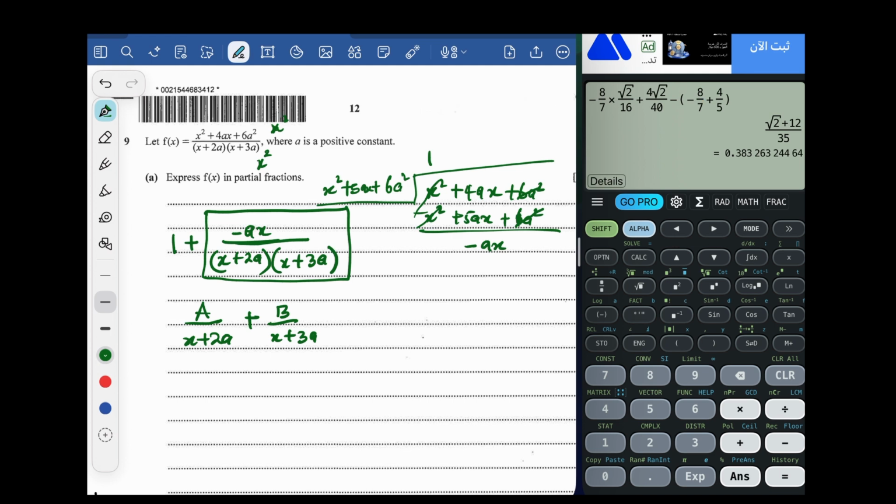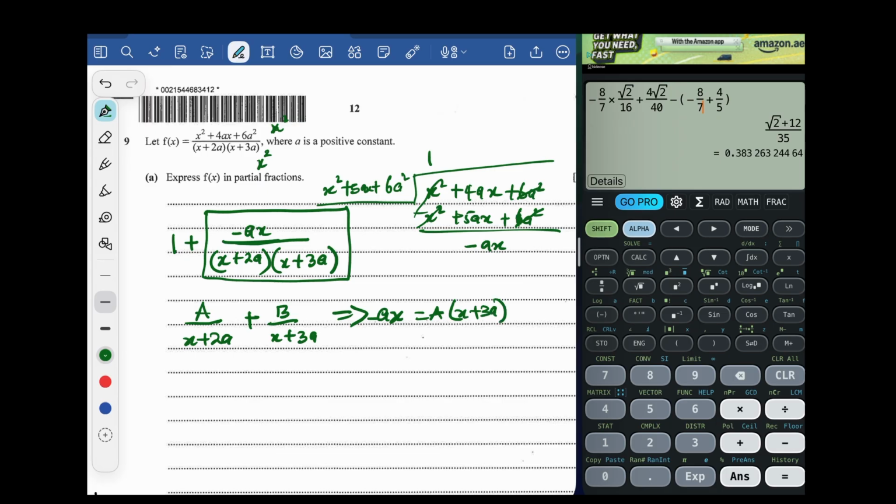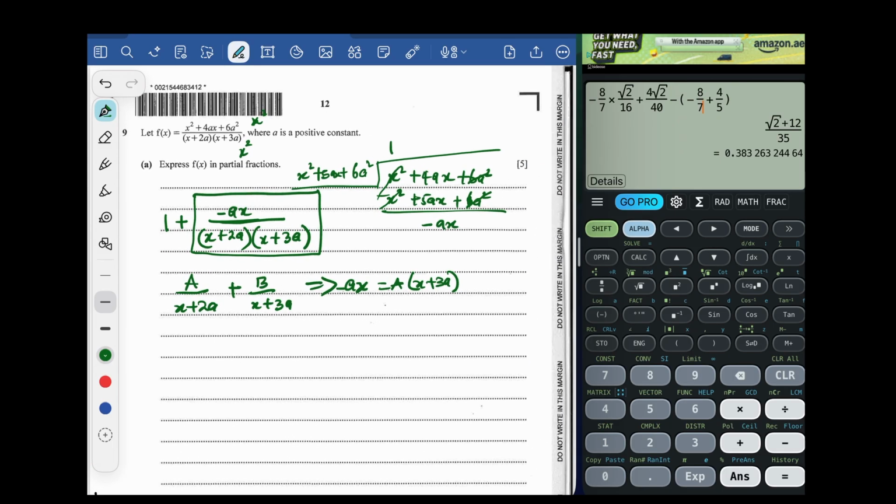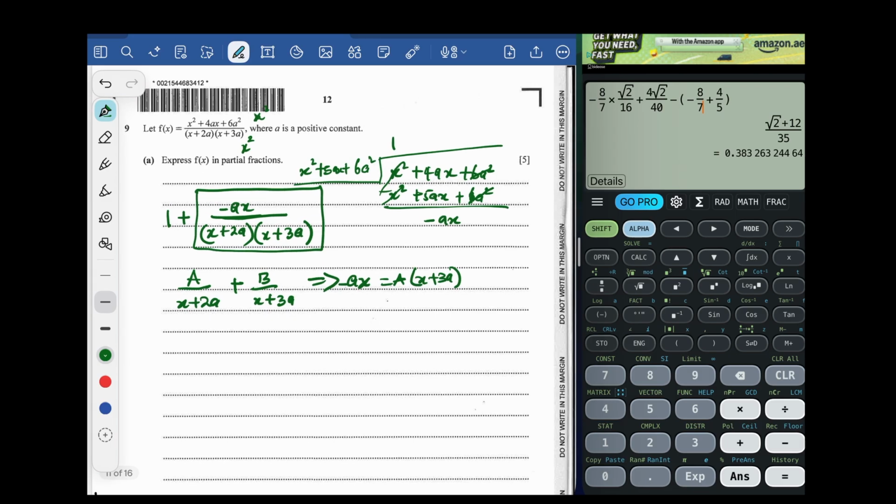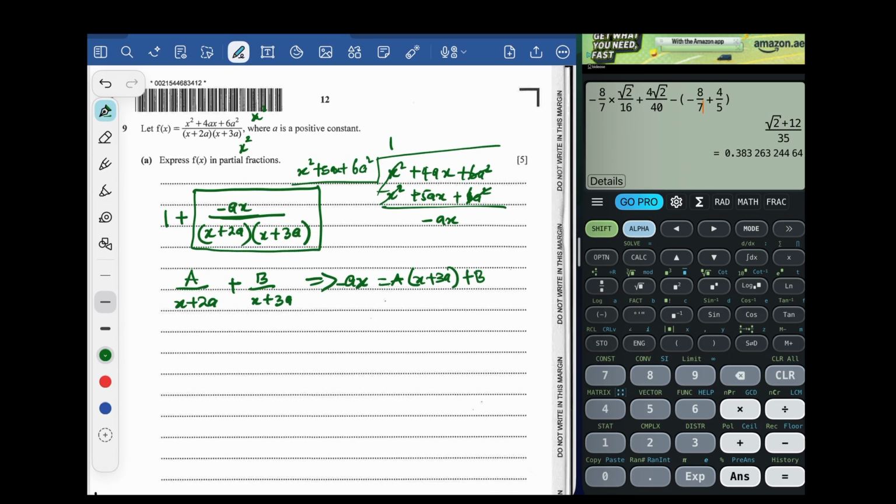So when I make a common denominator, I get minus ax is equal to a bracket x plus 3a, plus b bracket x plus 2a.